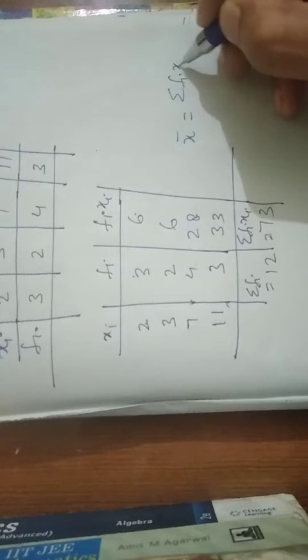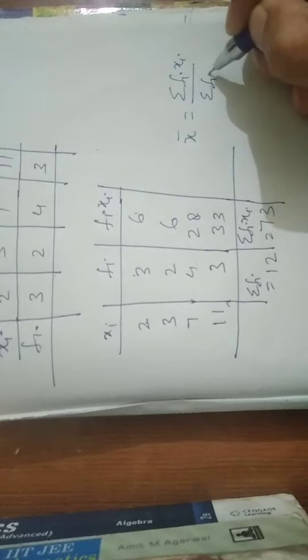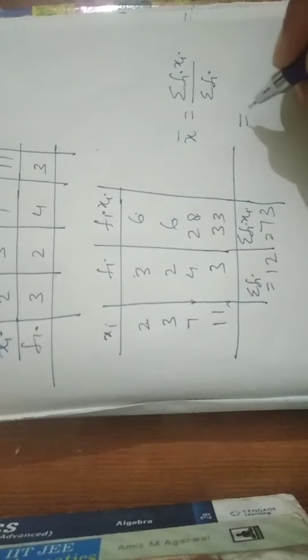Now x bar is equal to sigma fi xi upon sigma fi, which will be 73 upon 12. This is the value of x bar.